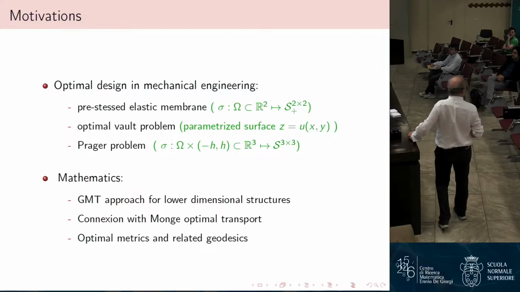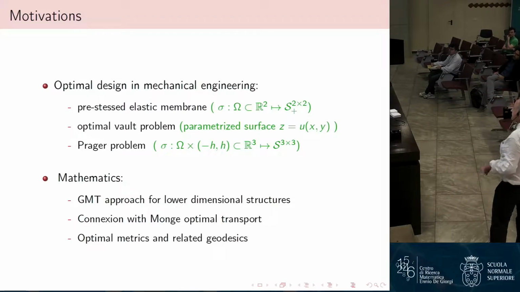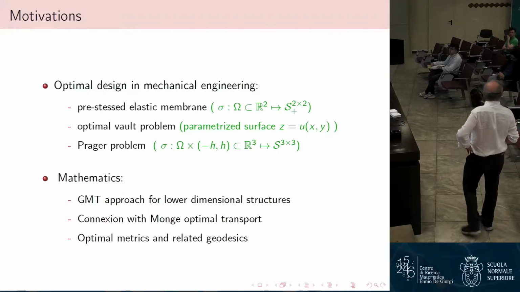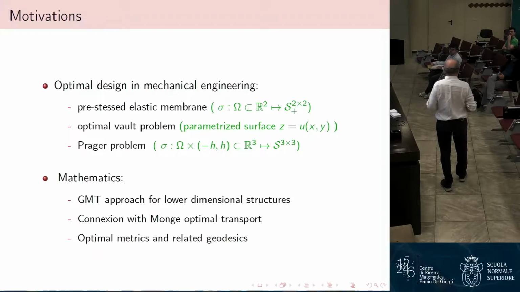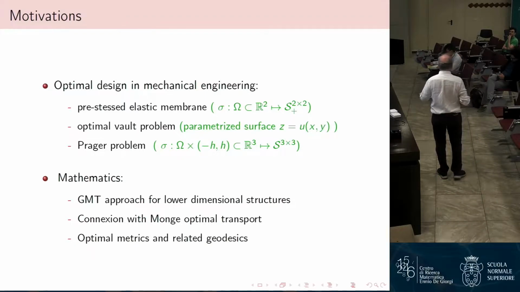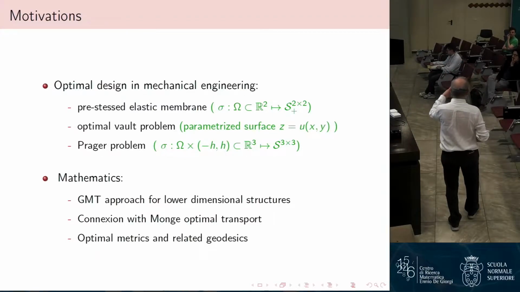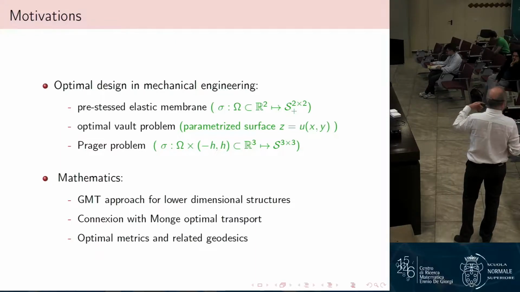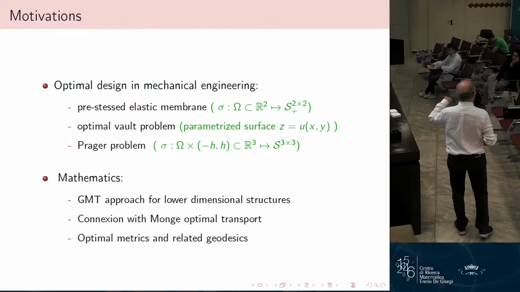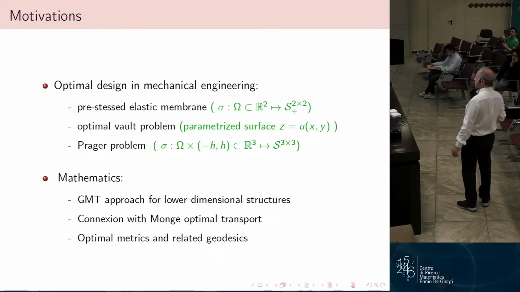And there is an equivalent problem, but this equivalence is not trivial. We have a non-convex problem, which is called the optimal Vaux problem. We are looking for an optimal surface on which the structure is located, and it has to resist a driving load which is vertical, and this surface is set on a planar curve, and you are looking for the best shape, the best distribution of this membrane.